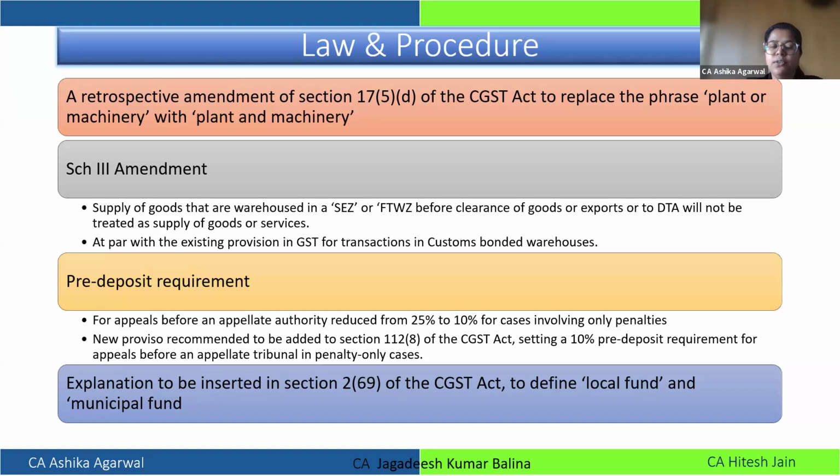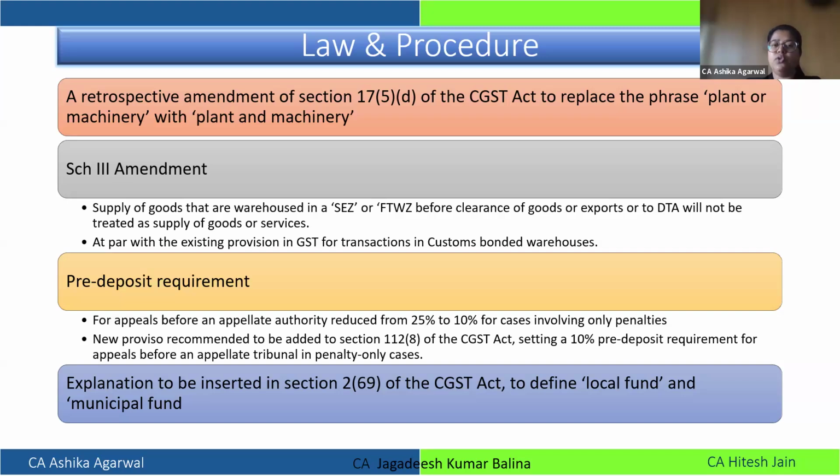Similar changes are going to be brought for the second appeal also, the appeal to the tribunal. Earlier, only for e-way bill penalty we were paying, now for all penalty cases. But when I say penalty, in each and every notice penalty is imposed. If taxes are there, then based on taxes only 10% or 20% pre-deposit needs to be made.